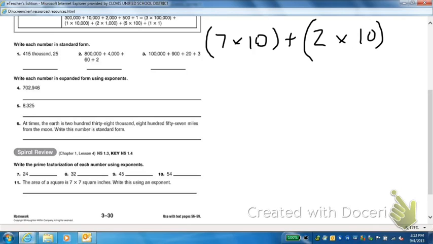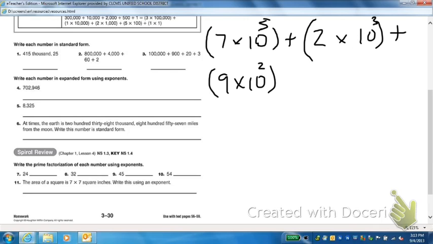So first I have 7, and I have 1, 2, 3, 4, 5 places to the right of the 7. So that's going to be 7 times 10 to the 5th power. The 2, I have 3 places. Plus 9 times 10, and I've got 2 places.